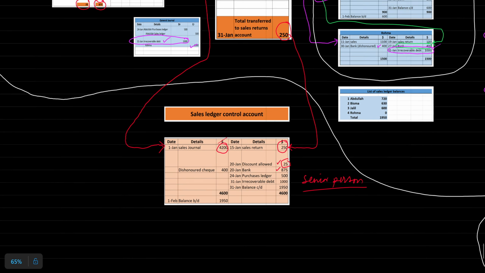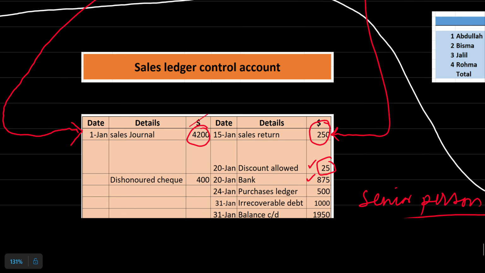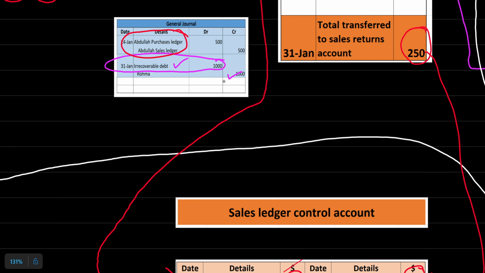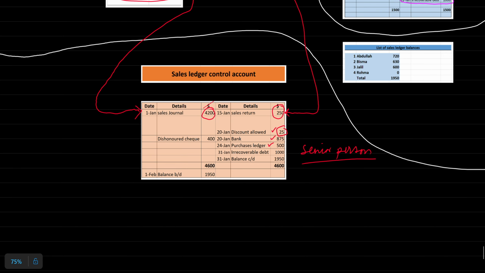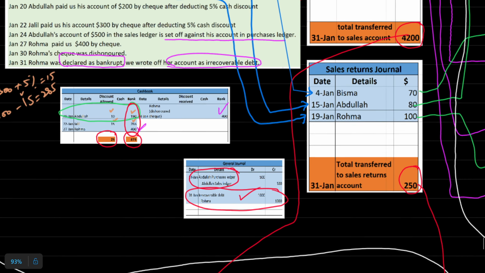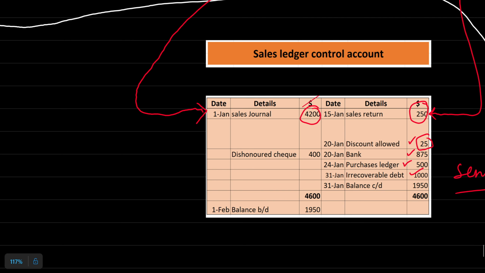Contra will be taken from the general journal. Irrecoverable debts are also recorded in the general journal and the total will be obtained from the general journal. Similarly, a dishonored cheque was recorded in the cash book on the credit side and the total will be picked from the cash book.